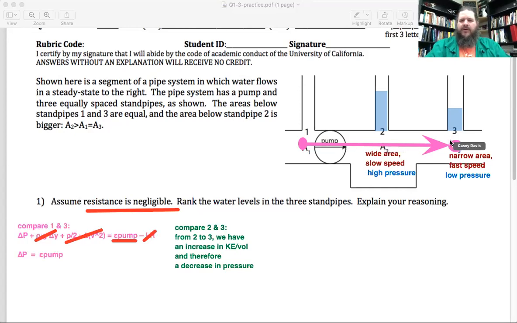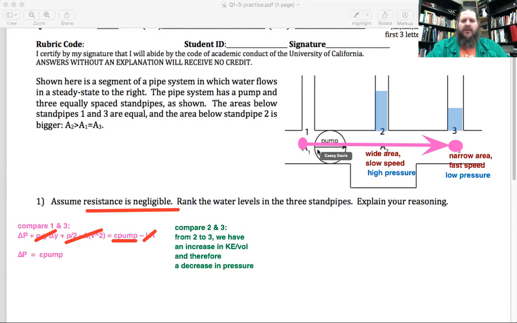And as we go from 1 to 3, is the pump causing an increase or decrease in pressure, based on the direction the pump is pushing? Yeah, it should be causing an increase. Generally, a pump will have a directionality associated with it, an arrow showing which direction it's pushing.